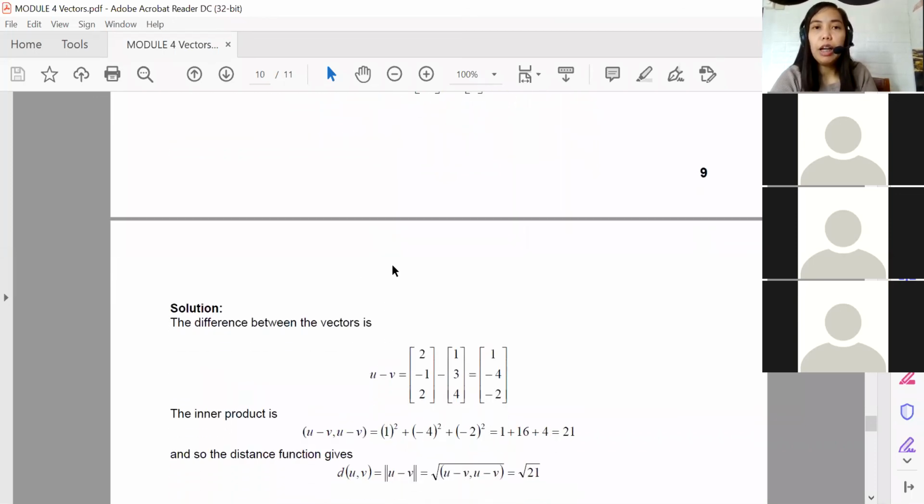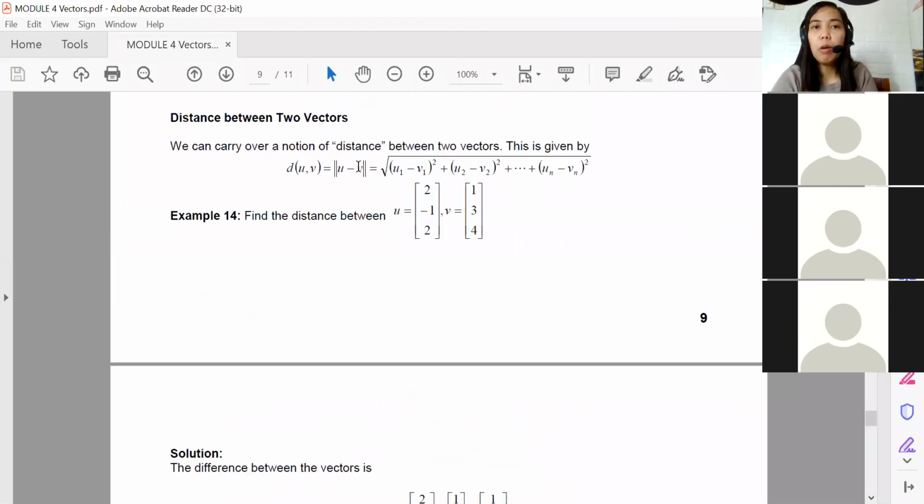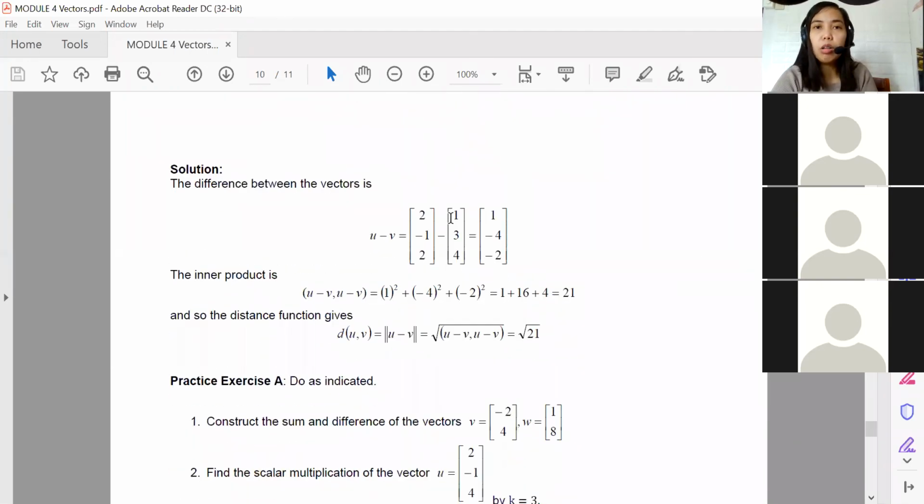So ngayon, dahil ang given natin ay norm of U minus V, we will have to find that's U minus V, U minus V. Anyway, you will just need to transpose the first, okay? Para makuha. Hindi ko na sinulat dito ng buo kasi mahirap i-type. So you will write this in row.